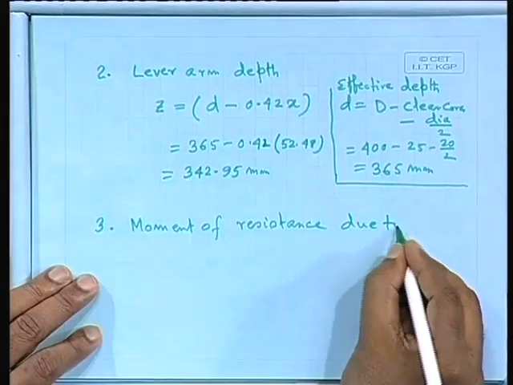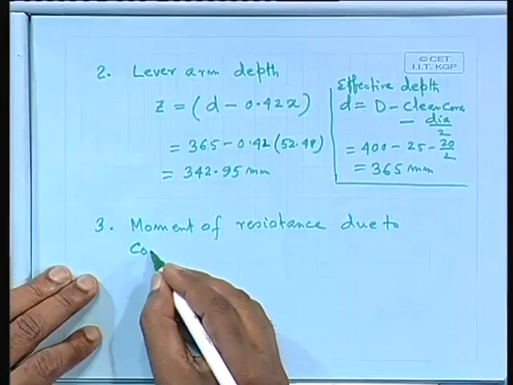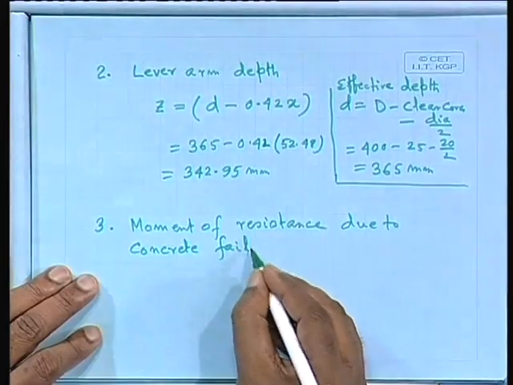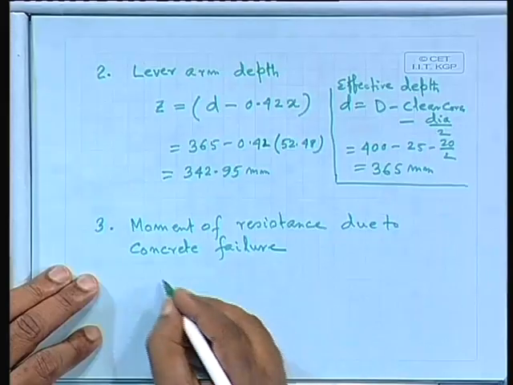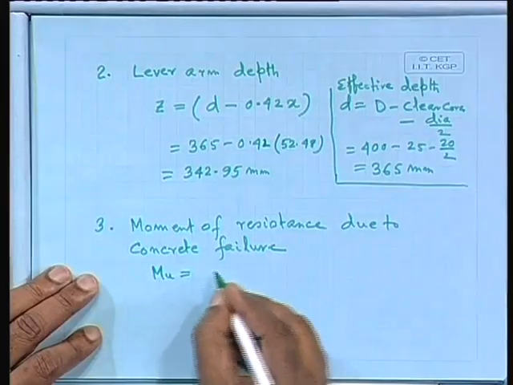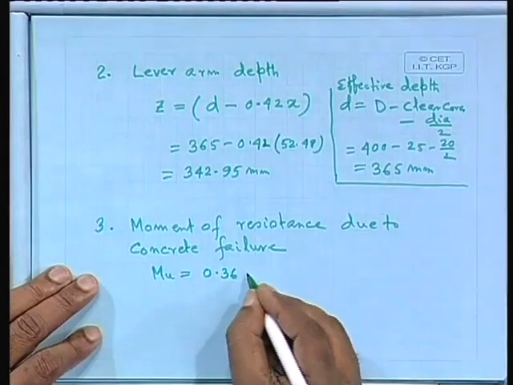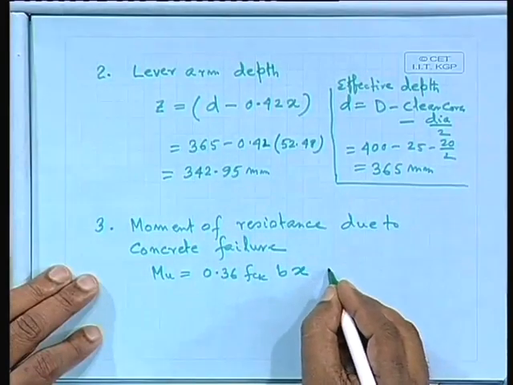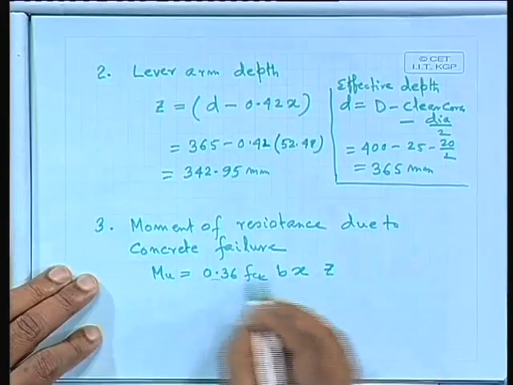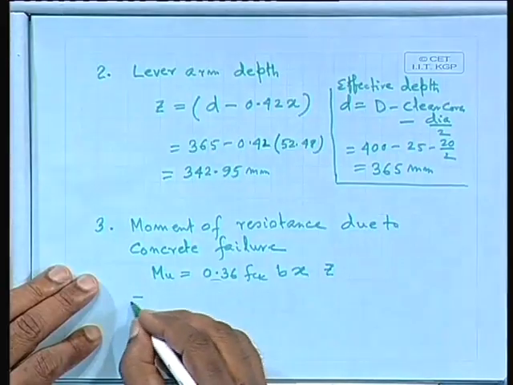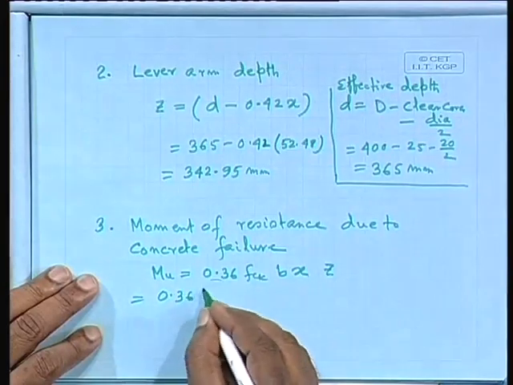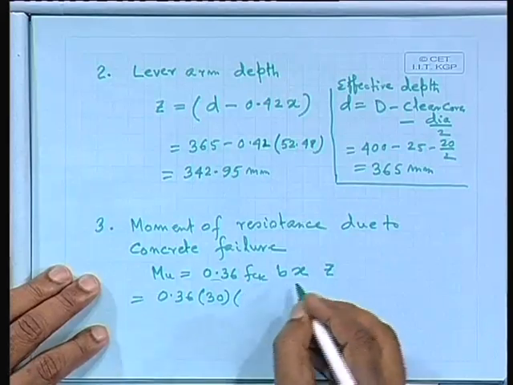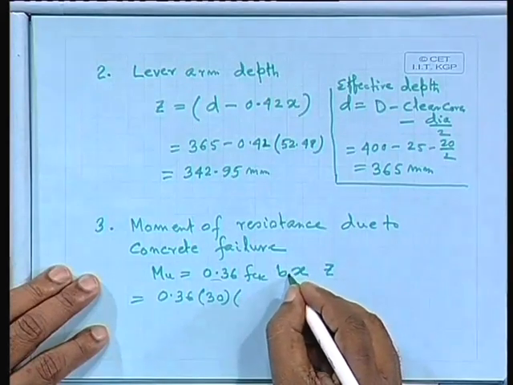Number 3, moment of resistance due to concrete failure. Mu equal to 0.36 FCK B times x times z. So, force times the lever arm, which equals 0.36 times 30 times, we can be more specific, let us say BF.